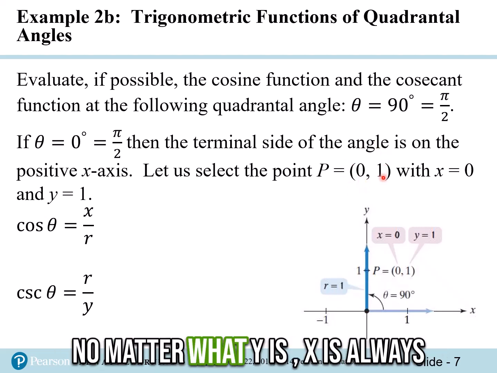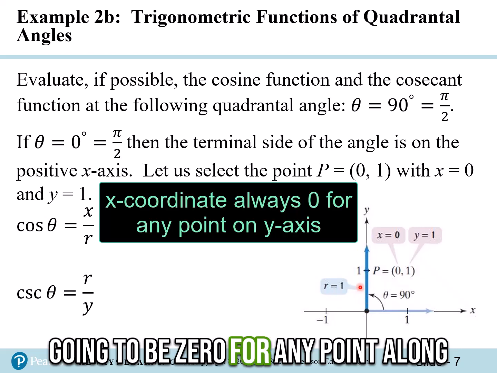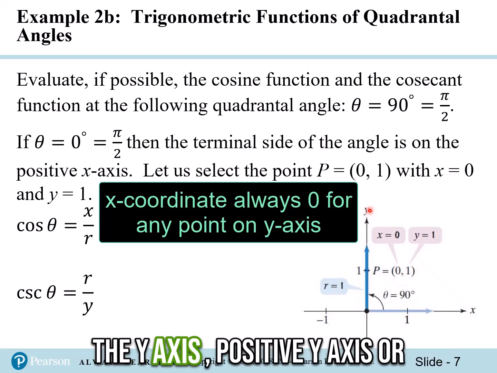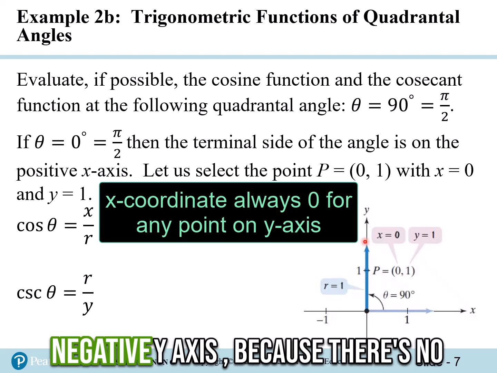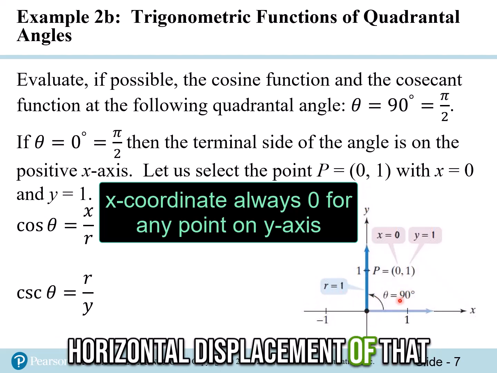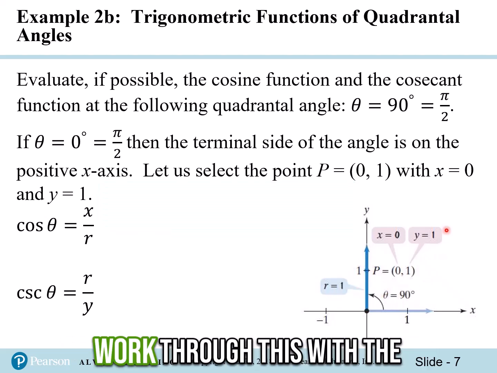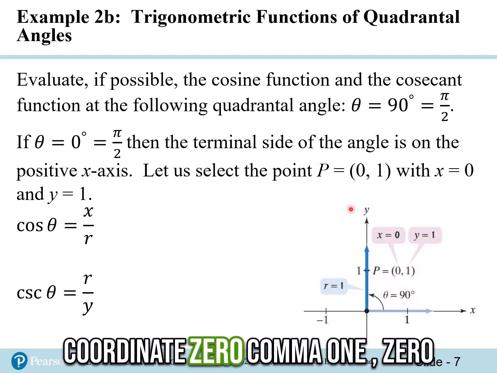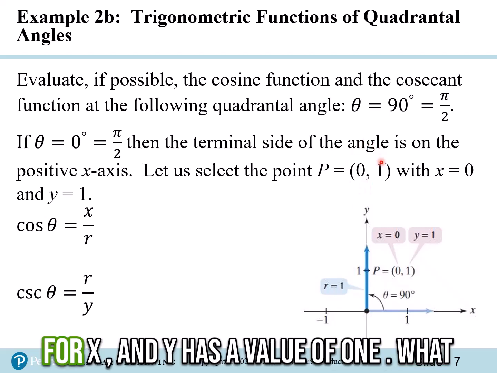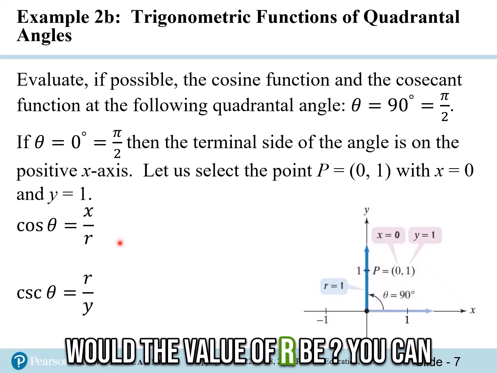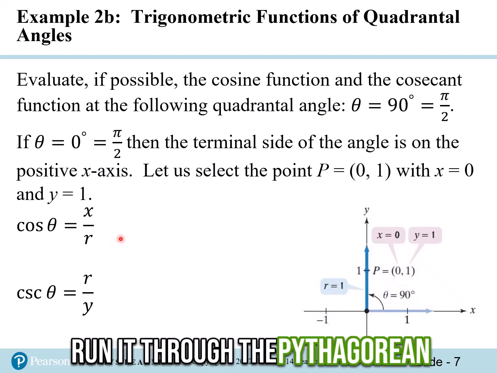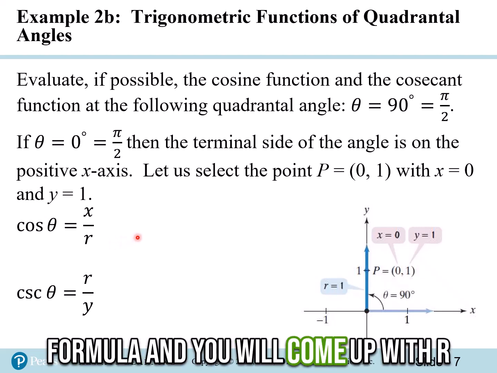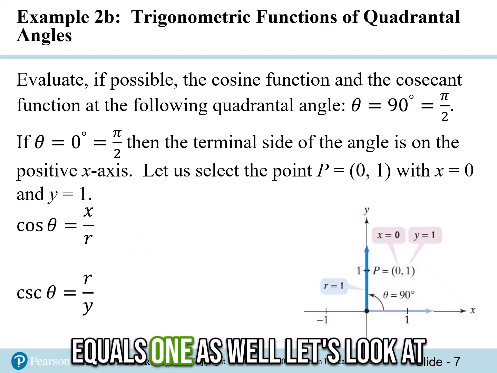Now, no matter what y is, x is always going to be 0 for any point along the y-axis, positive y-axis or negative y-axis, because there's no horizontal displacement of that point, correct? We are going to work through this with the coordinates 0, 1, 0 for x, and y has a value of 1. What would the value of r be? You can run it through the Pythagorean formula and you will come up with r equals 1 as well.